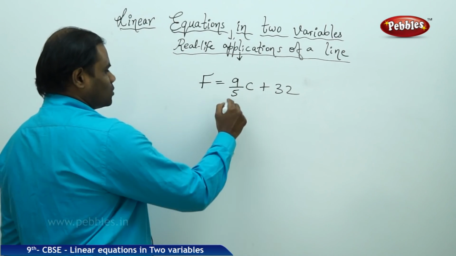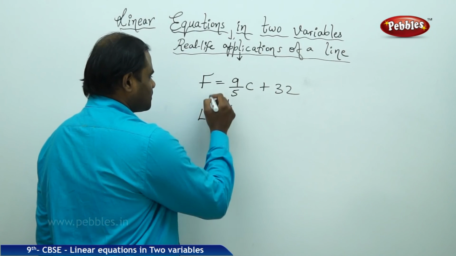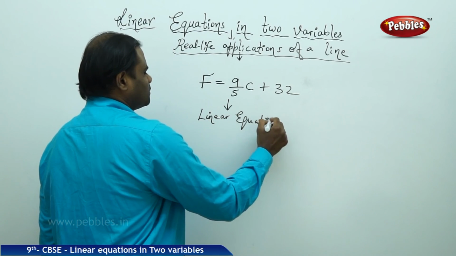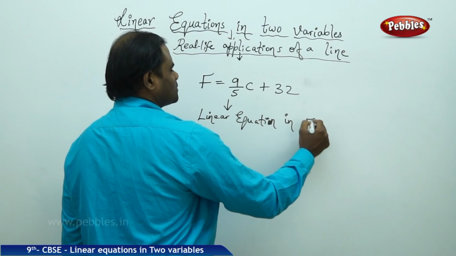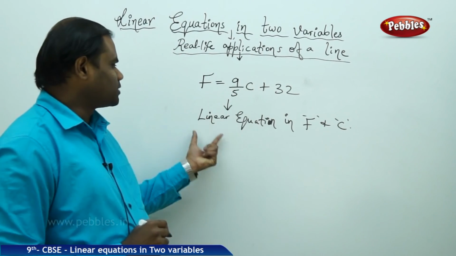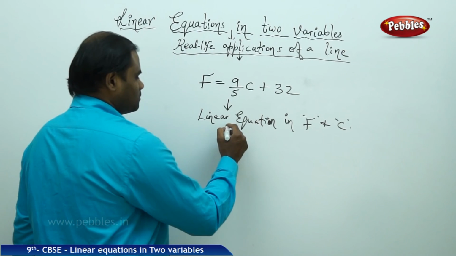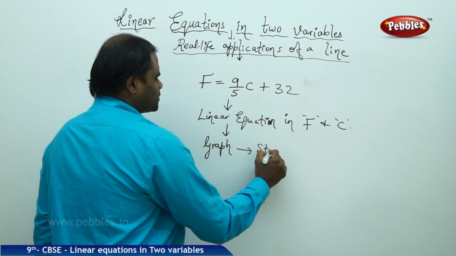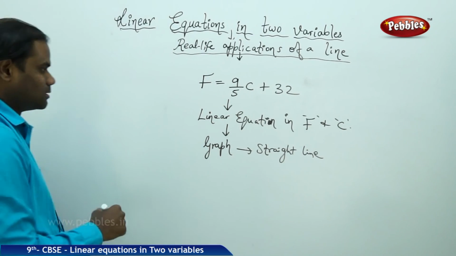If my question was to draw this, clearly this is a linear equation in two variables f and c. Therefore, this must be a straight line. Its graph is a straight line.